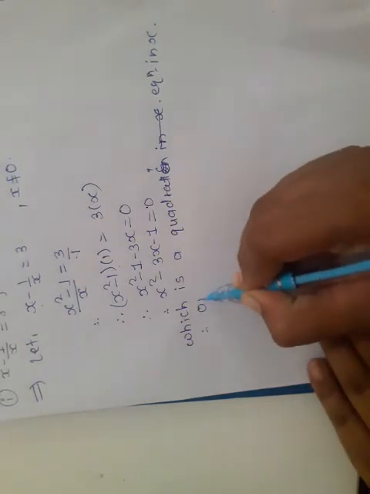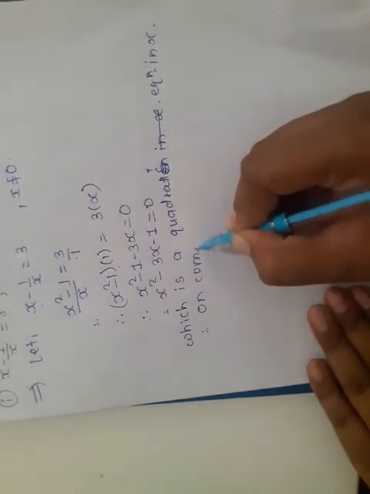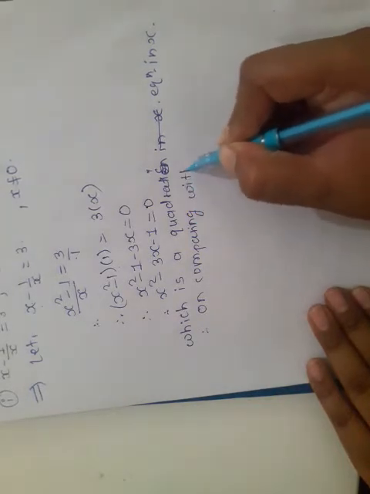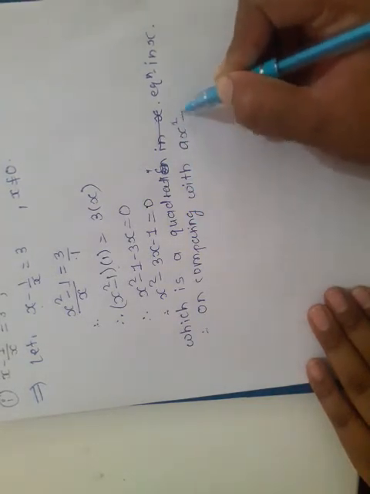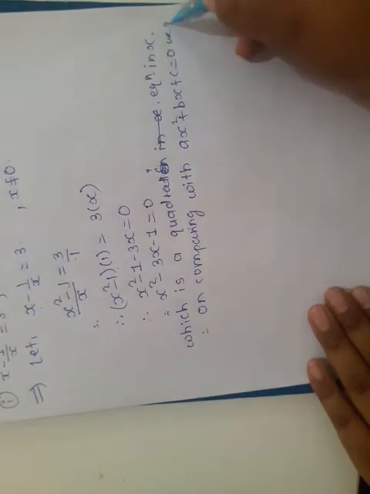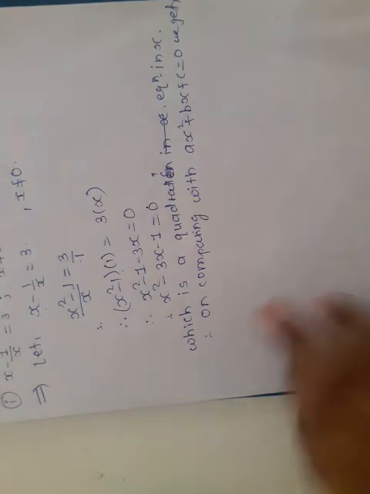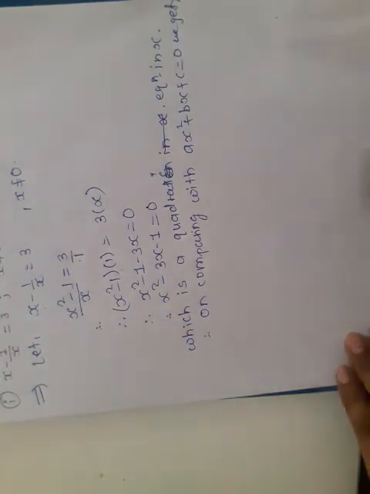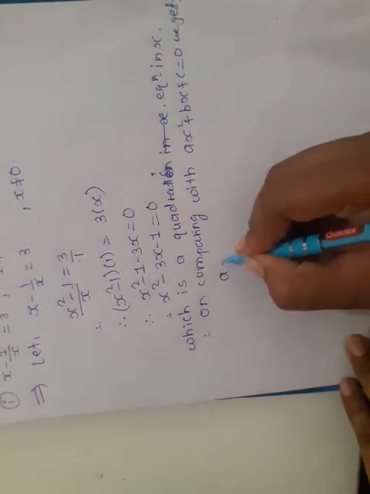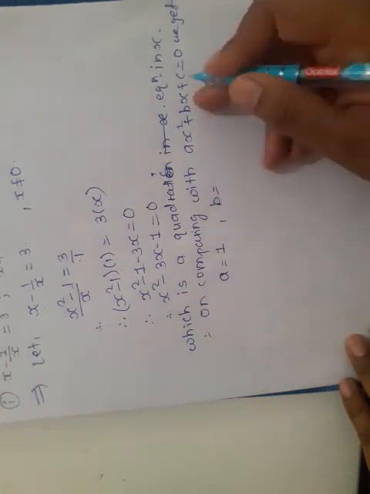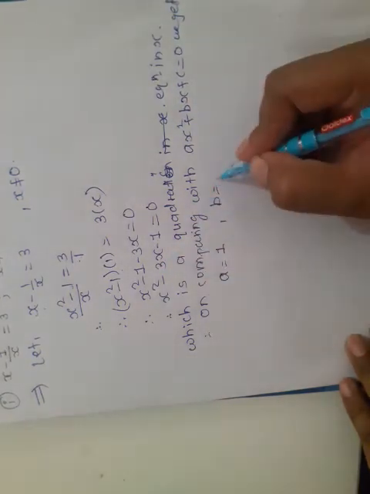Write down: on comparing with ax square plus bx plus c is equal to 0, we get the values of a, b and c. So a is equal to what? Obviously the coefficient of x square is 1. Then b is the coefficient of x, which is minus 3.